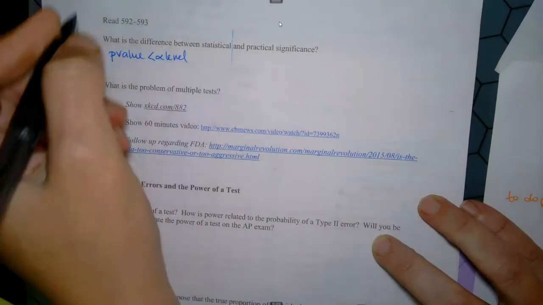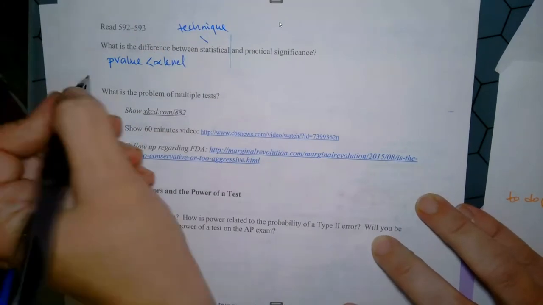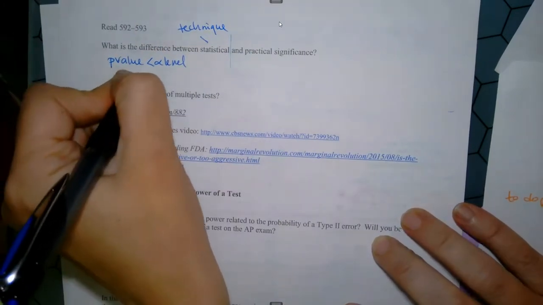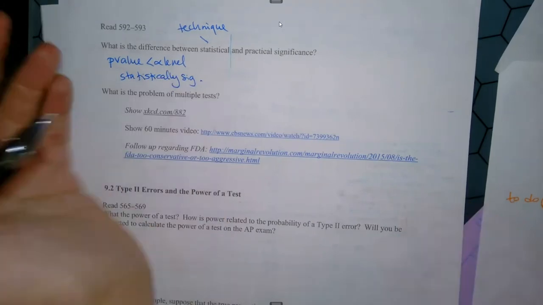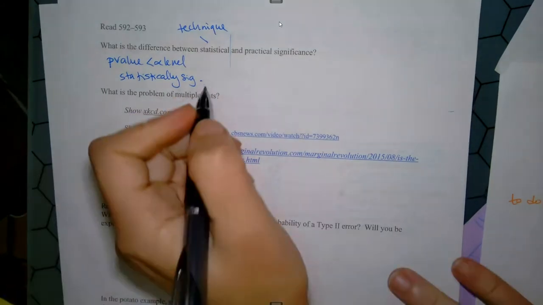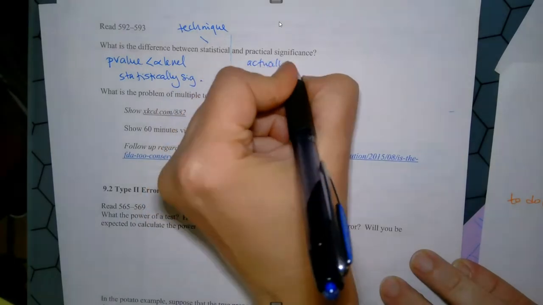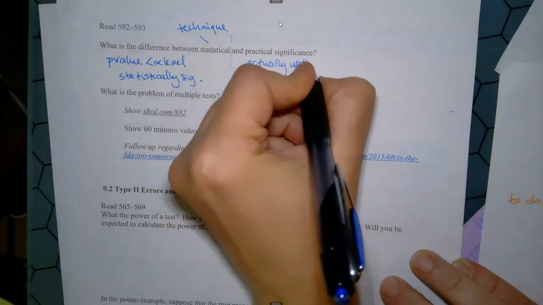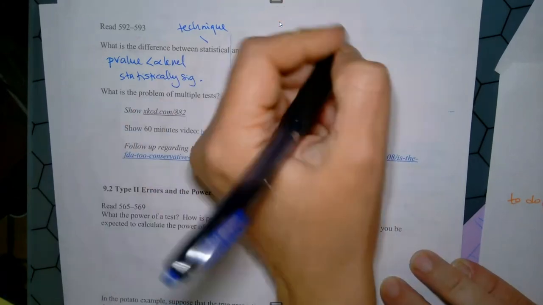By following the technique, it is statistically significant. So that'll be something where the p-value is less than the alpha level that was set. Something that is practically significant is something that is actually useful and honest and usable, right?